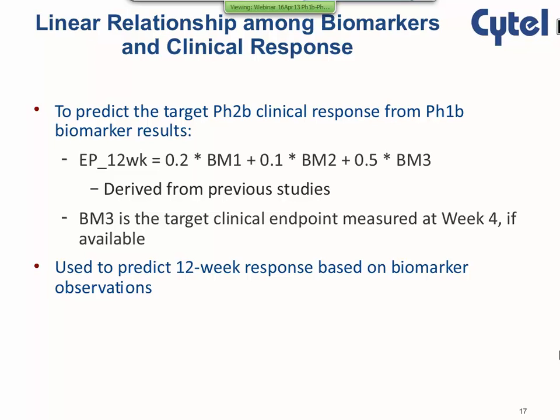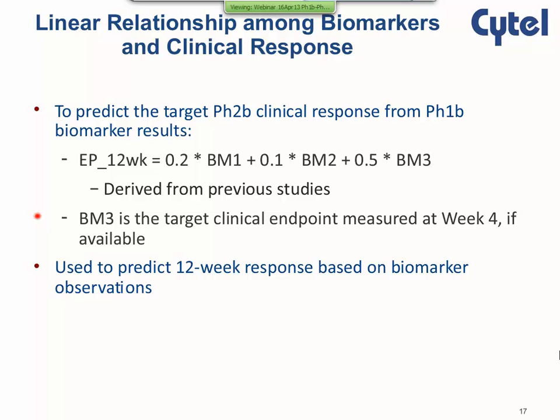We had two durations of the phase 1 trials that we considered: a rapid response in which we couldn't measure the clinical endpoint, which is denoted as biomarker 3, and we had a 4-week option for that trial, in which we could get an early outcome for the clinical endpoint, namely the biomarker 3.